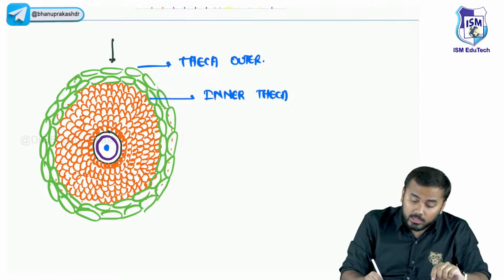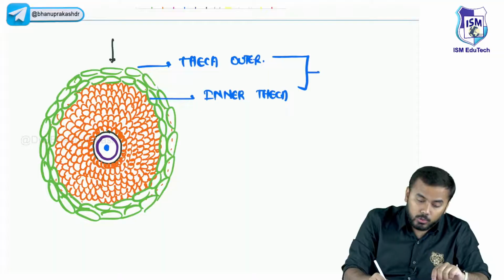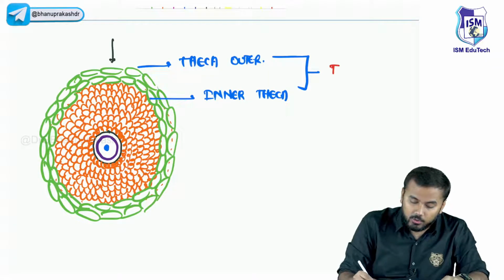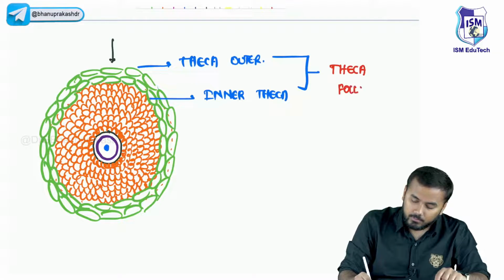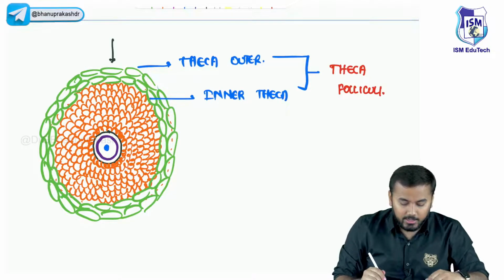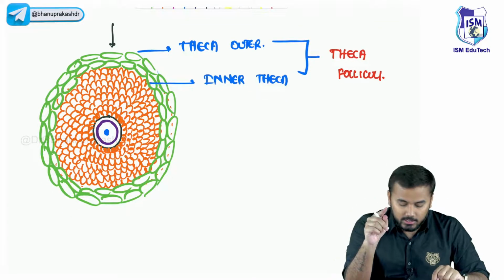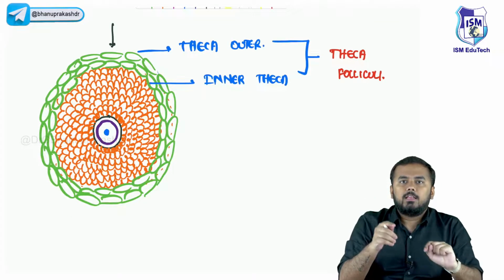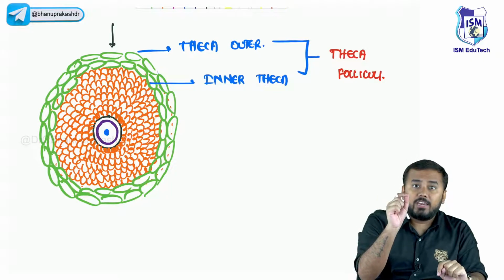Outer theca and inner theca together, what do you call it? Theca folliculi. Guys, if you closely look surrounding the primary oocyte, there are some cuboidal cells which are very dark.